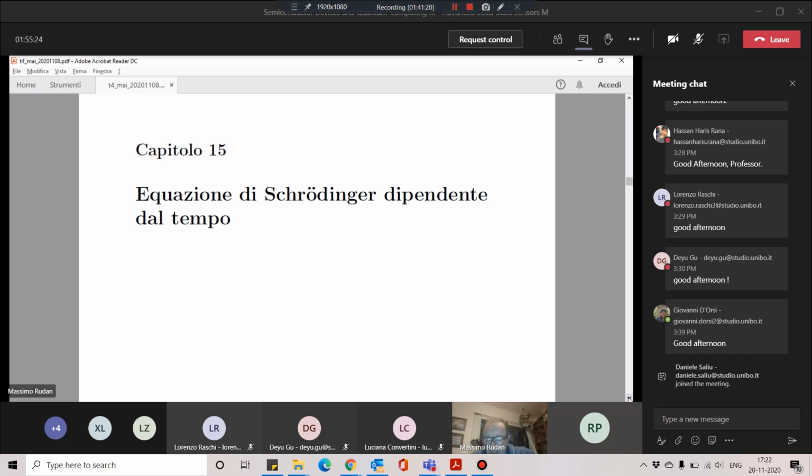So the idea is we may try to see whether the generalization of the monochromatic wave function can be achieved by considering a superposition of monochromatic wave functions. So in this case, we are essentially taking a more general form of the wave function for a conservative case.